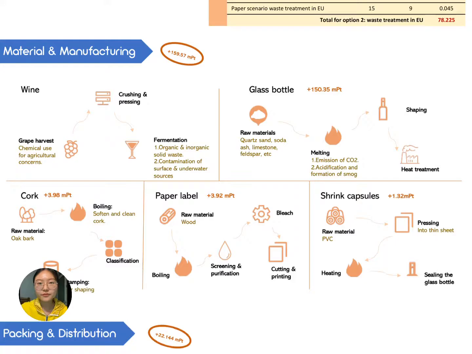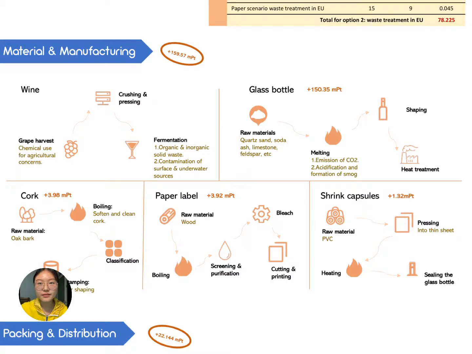In the fermentation process, organic waste constitutes one of the main effluents generated by winemaking activities. Inappropriate treatment and disposal of wastewater is also an environmental concern during the winemaking process. For the glass bottle making, the emission of greenhouse gas during raw materials melting is a huge environmental issue.